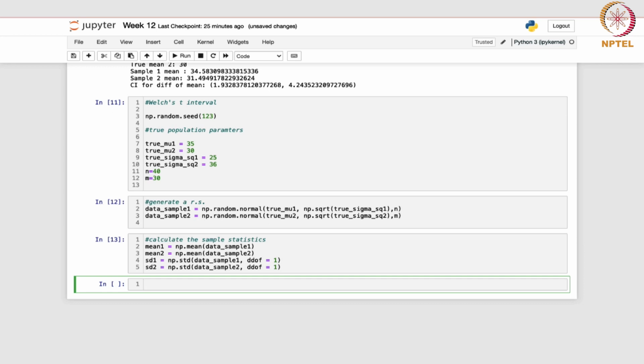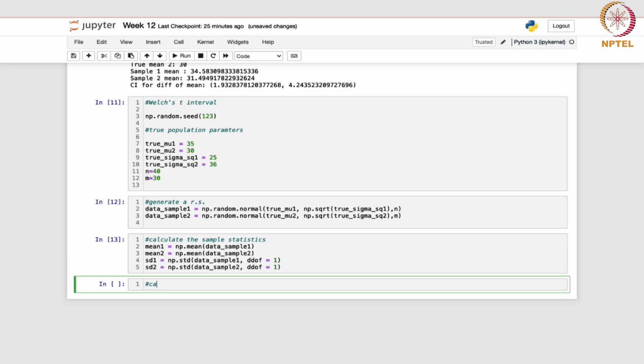Now, if you remember, in Welch's t interval, the degrees of freedom is a bit complicated, and it will have a numerator that was denoted by R. We had some term in the numerator and then in the denominator. So let me just write those things.